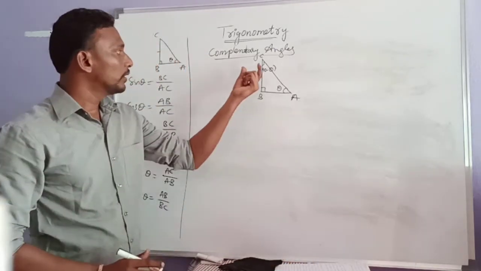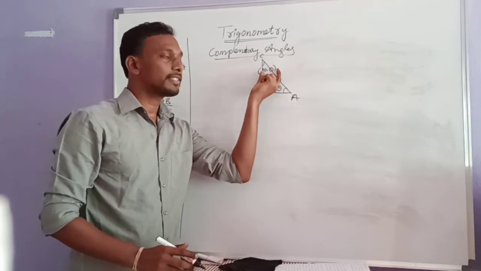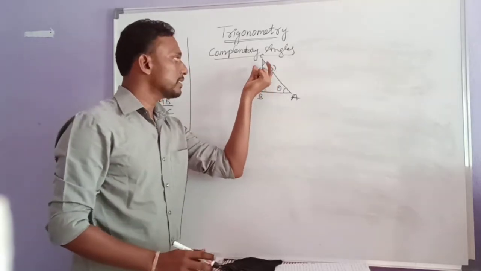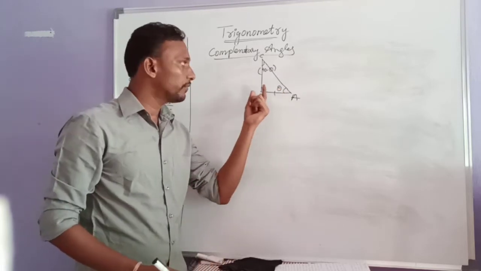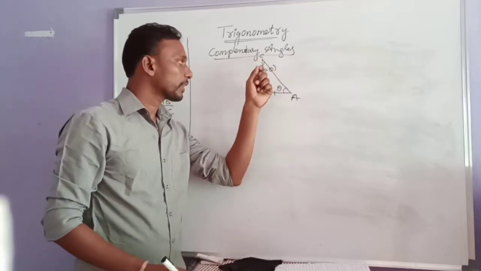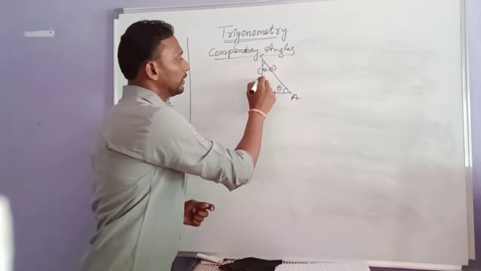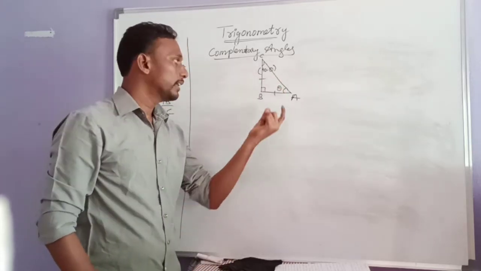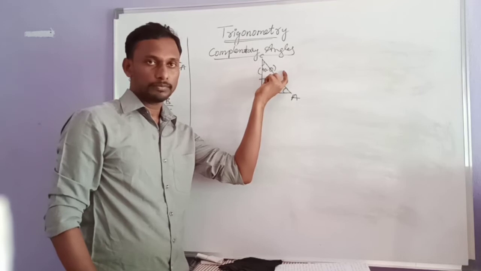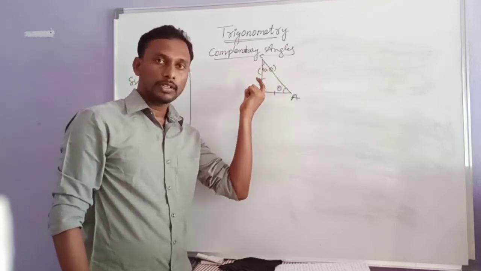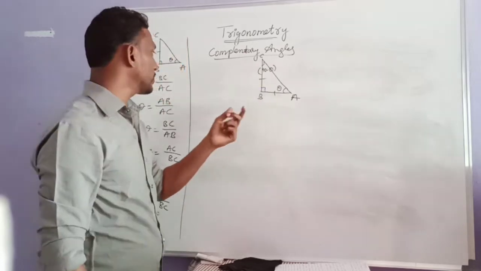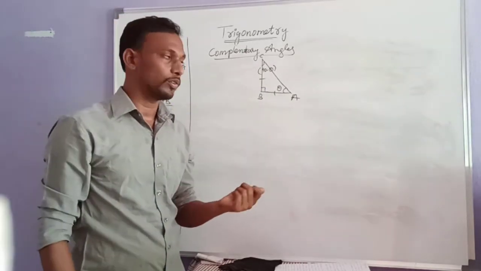Now we are taking the angle at C. If you consider C, AB will be the opposite side for angle C, and BC will be the adjacent side, and the hypotenuse will remain the same. Why? Because the side opposite to the right angle is always the hypotenuse, right?